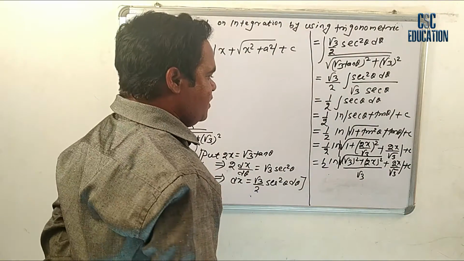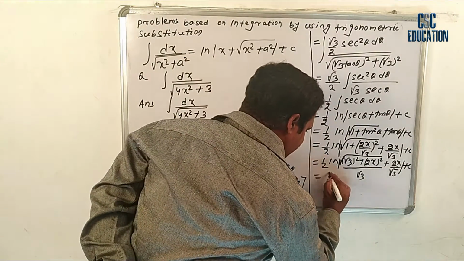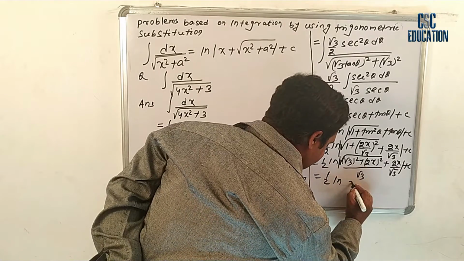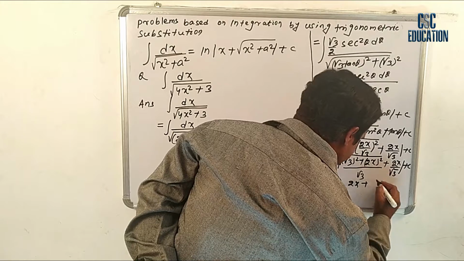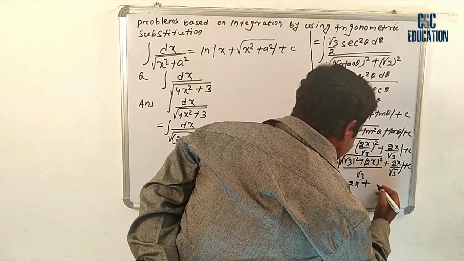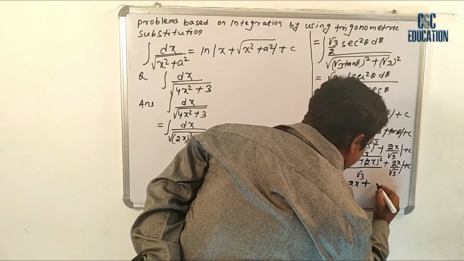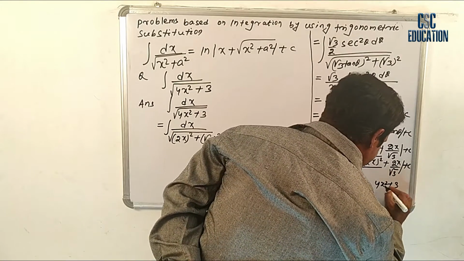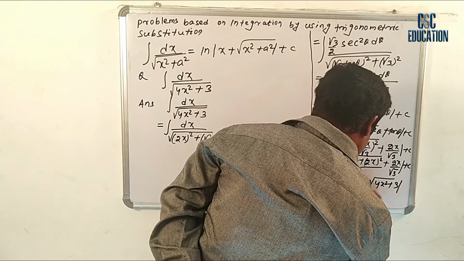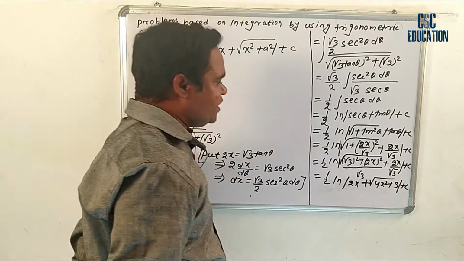Now this part is 1 by 2 ln of 2x plus the square root of 4x square plus 3, plus c. This is your answer.